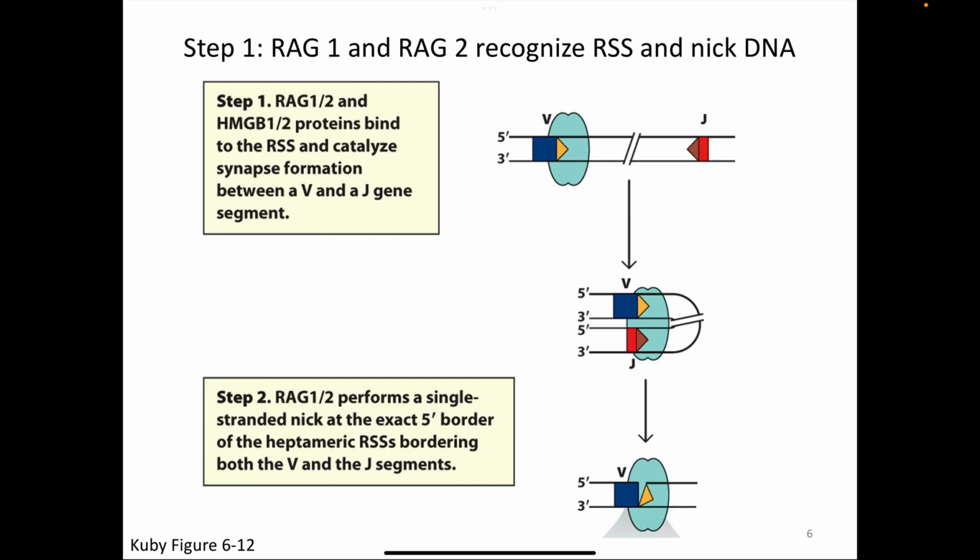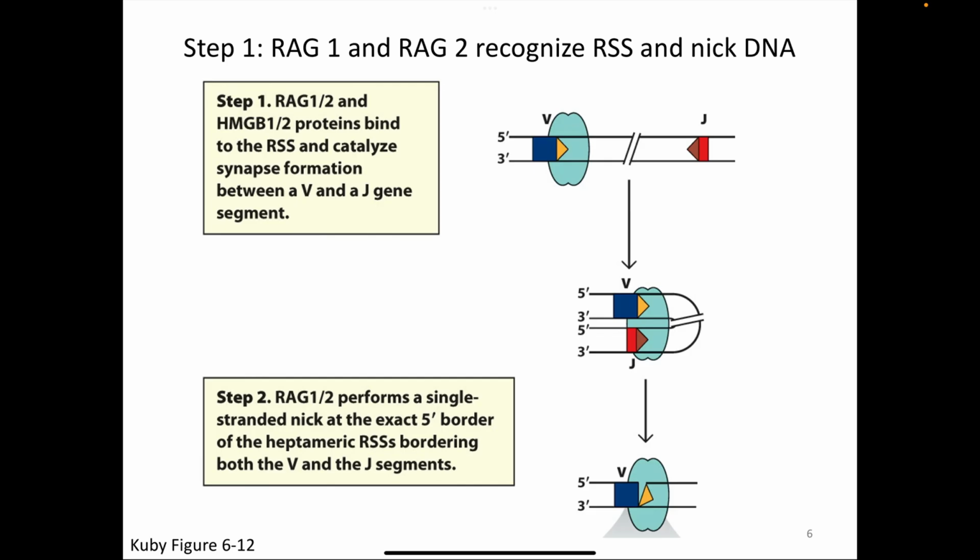So like I said, RAG2 performs this function of making a DNA nick. And a DNA nick is a specific molecular biology term for what happens here. A DNA nick means that the break that you're making in the DNA is a single-stranded break. So it means that you're breaking one strand but not the other.